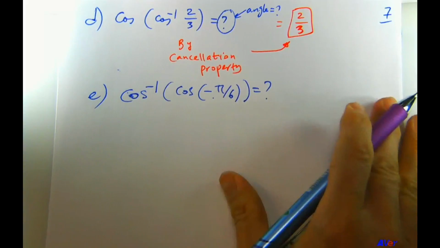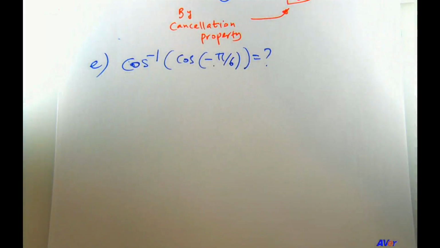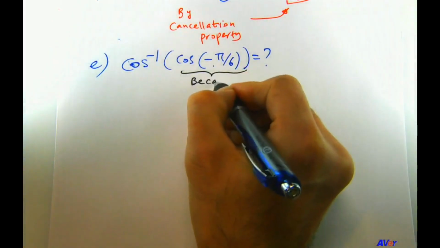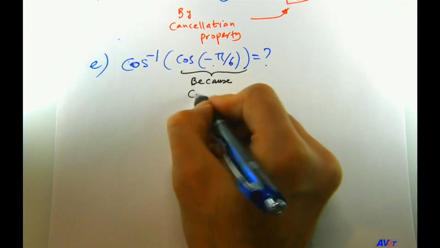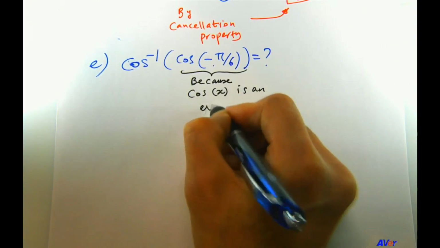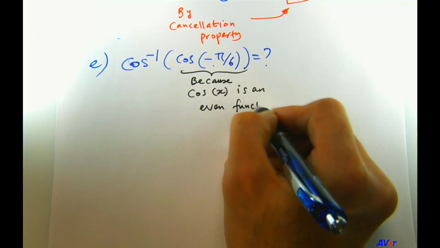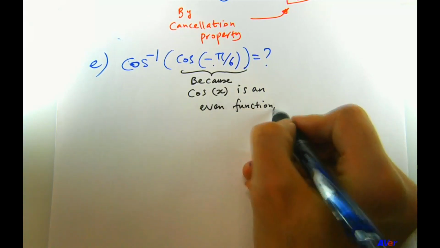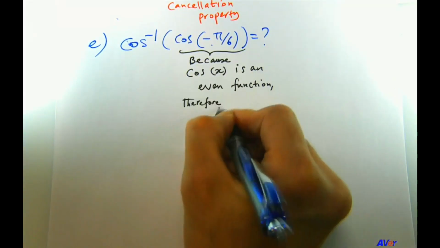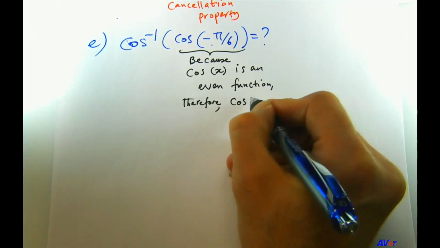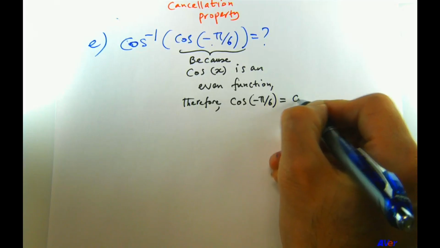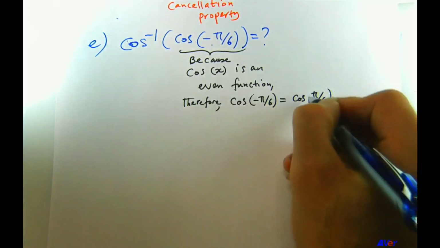So cosine of negative pi/6, we know that, because cosine of x is an even function, therefore cosine of negative pi/6 is equal to cosine of pi/6.